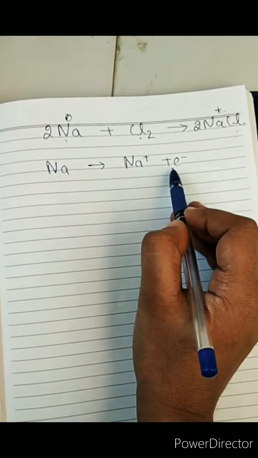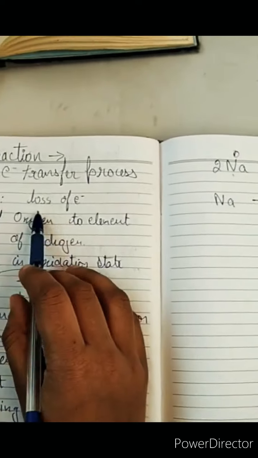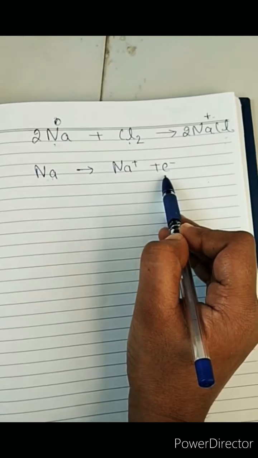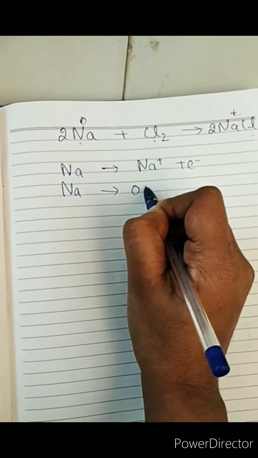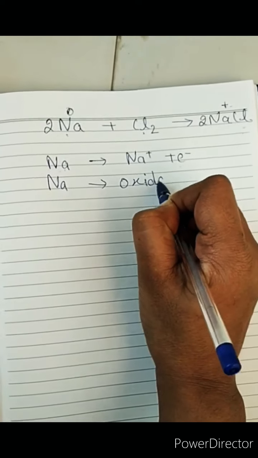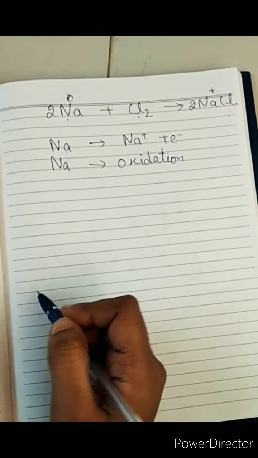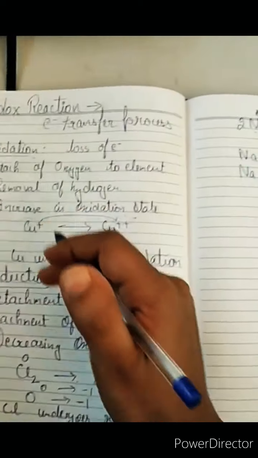Because Na gives out an electron, it becomes Na+. So loss of electron means oxidation, so Na is losing one electron, which means Na undergoes the oxidation process.